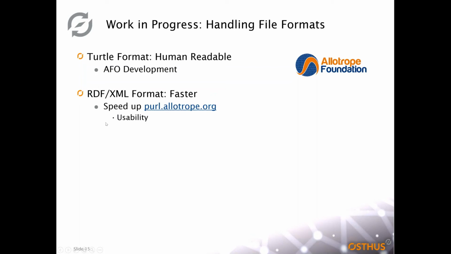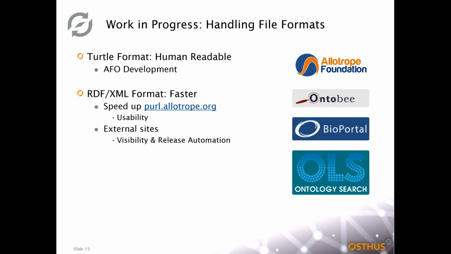And I hope we will get some speed out of this for our own sites, which will improve the usability of our sites, because the lookup can take a bit until it finishes right now. And also external sites prefer the RDF XML format, so it would help with visibility on external sites if we could simply provide an artifact to them as part of our release automation.